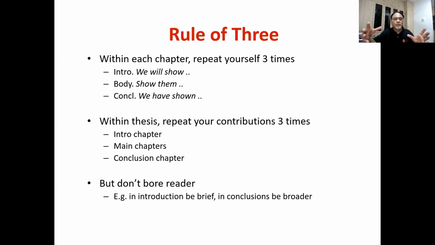So we show what is in the chapter, and then the body of the chapter. The body means the substance, the explanation, and then the conclusion. So introduction, body, conclusion. It's quite easy if you repeat this for all chapters, and at the conclusion, you don't have to write conclusion. You can put the summary.